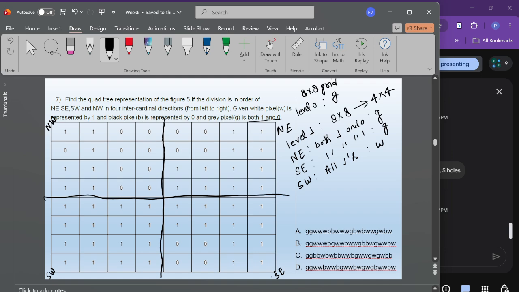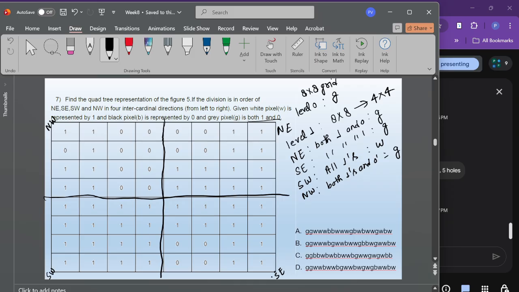Now the next one, this part NW. If you check here, it is a combination of both ones and zeros, so it is a Z, right? So at level 0 it is a Z, and the next step is ZZ, WZ we have got, right?